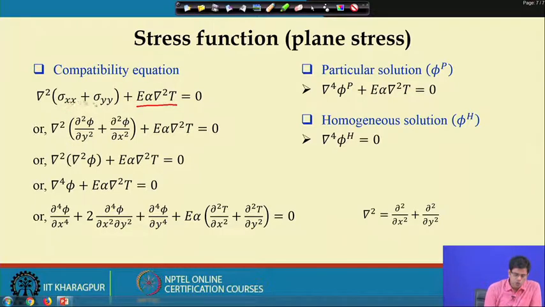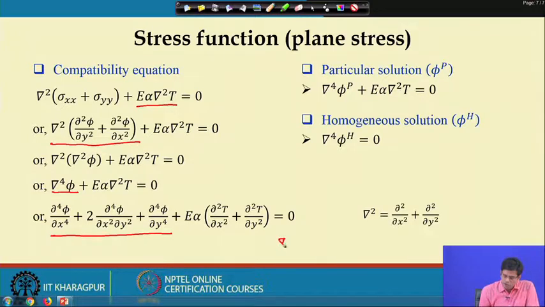Now I substitute the stress function, that is sigma xx and sigma yy, and finally it gives me another del squared, so this quantity becomes del to the power 4, the biharmonic operator. We have seen the biharmonic equation in the case of purely elastic deformation, where the thermal part is 0. Without thermal deformation, it is del to the power 4 phi equals 0, for purely elastic deformation.